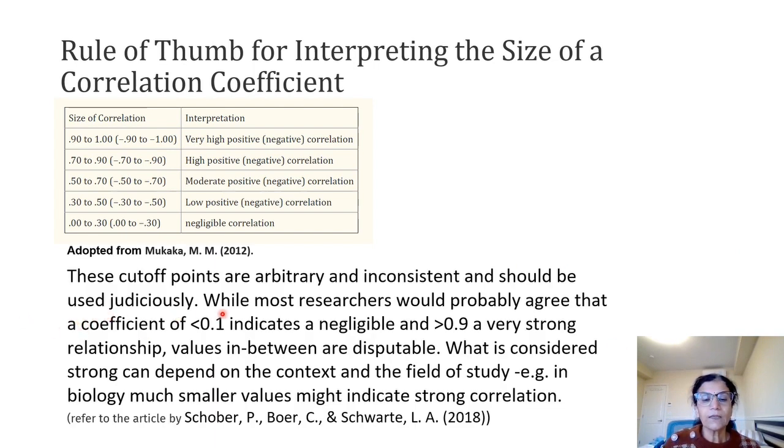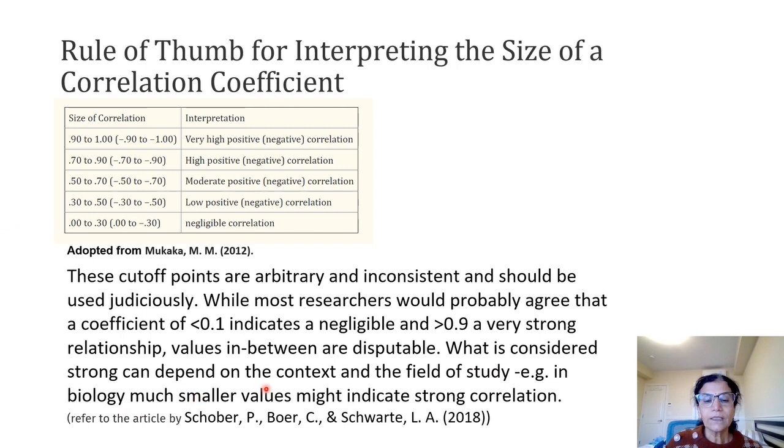These cutoff points are arbitrary and inconsistent, and should be used judiciously. While most researchers would probably agree that a coefficient of less than 0.1 indicates a negligible relationship and greater than 0.9 indicates a very strong relationship, values in between are disputable.